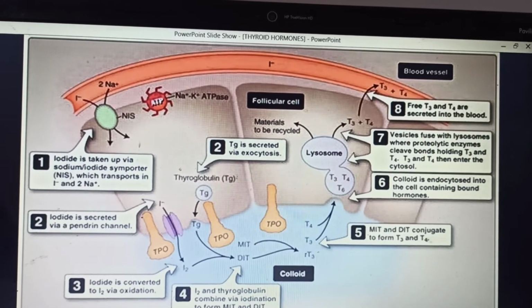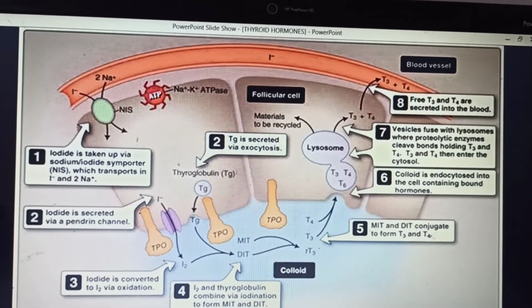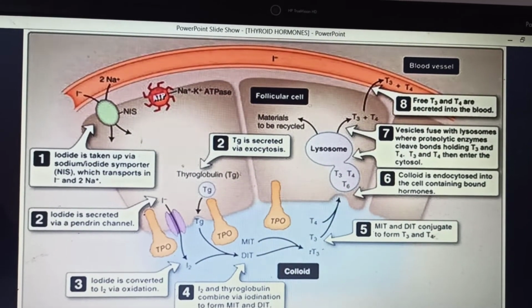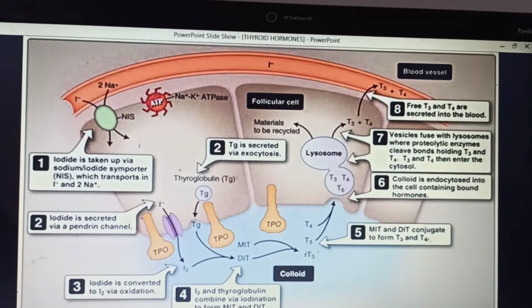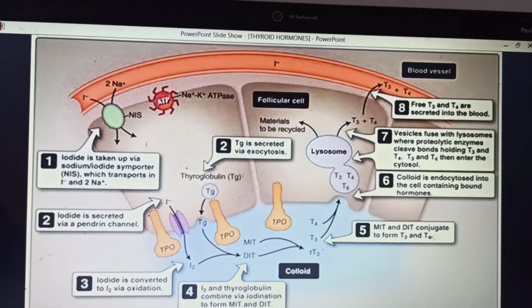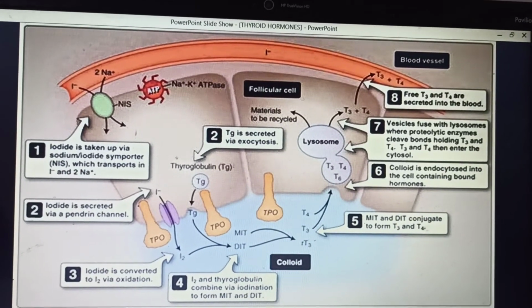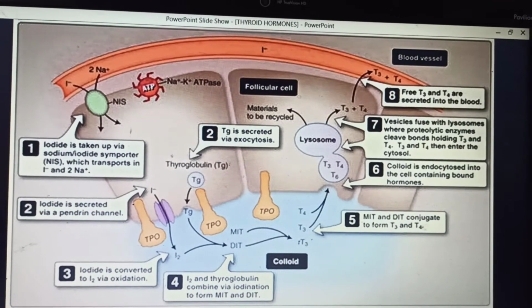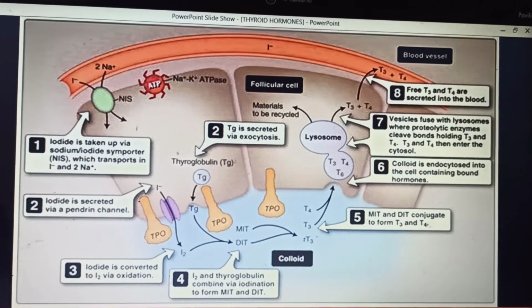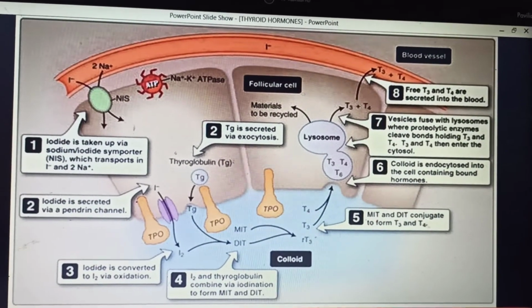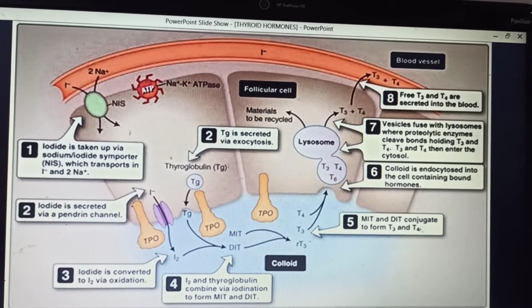Third step is that iodide is converted to iodine via oxidation under the influence of the peroxidase enzyme. After oxidation, there is iodination of the tyrosine residues of the thyroglobulin molecule. This iodination takes place to form MIT and DIT.